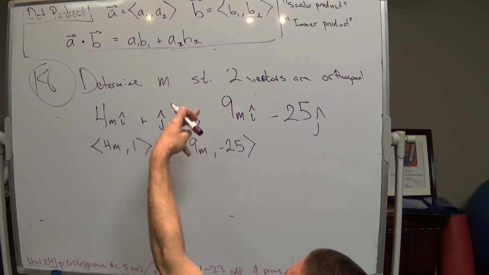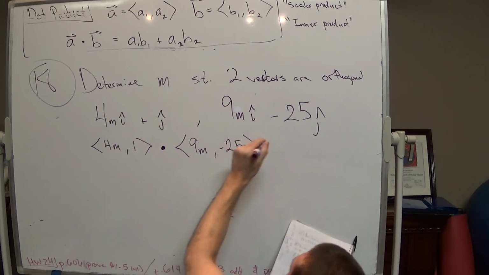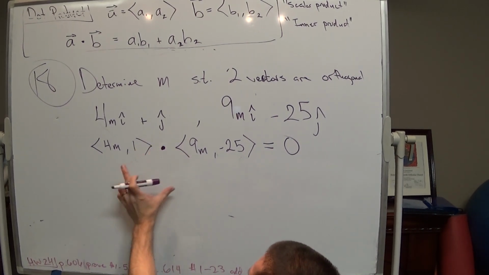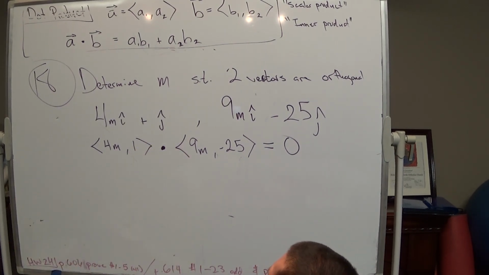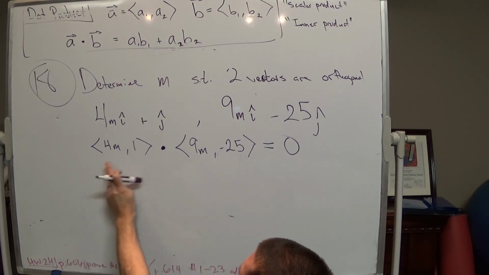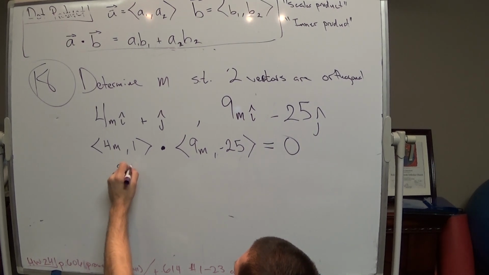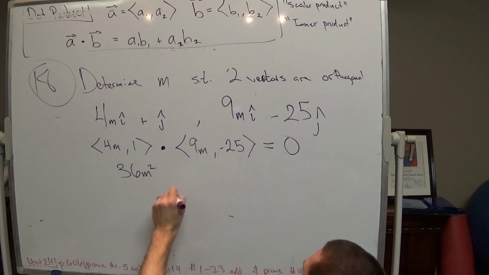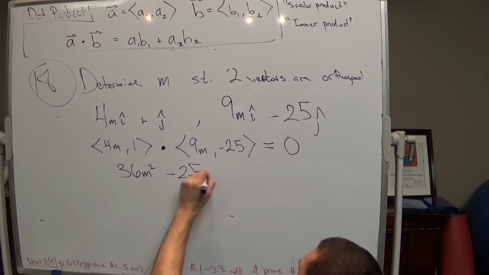Determine m, find an m that makes this true. So what is the dot product here? 36m. So this times this is what? 36m squared. Plus a negative 25, minus 25, equals 0.